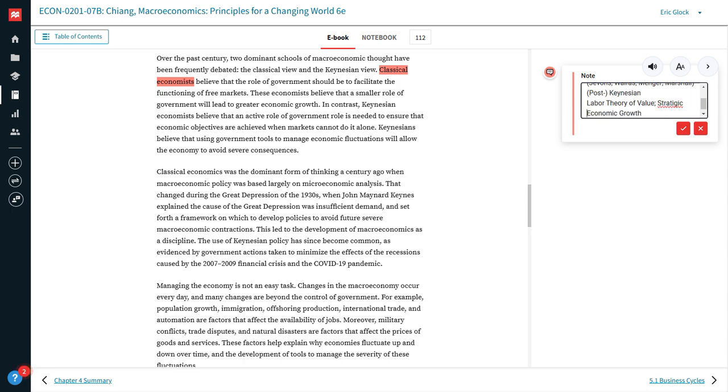Strategic thinking. I'm just going to put strategic. Businesses are strategic. They're coming up with strategies to make them different and more appealing and more desirable and less costly to produce than the other ladies and gentlemen in the market.